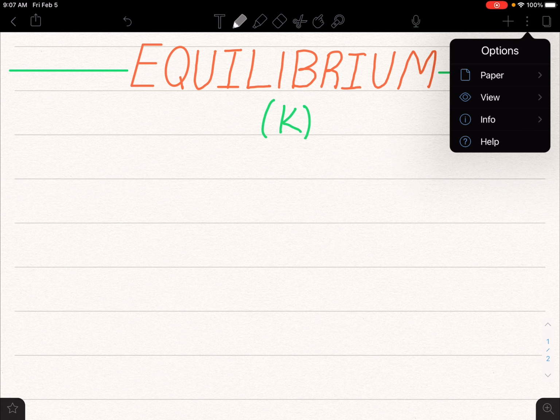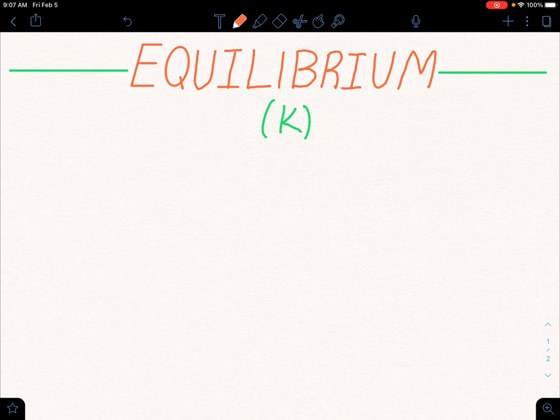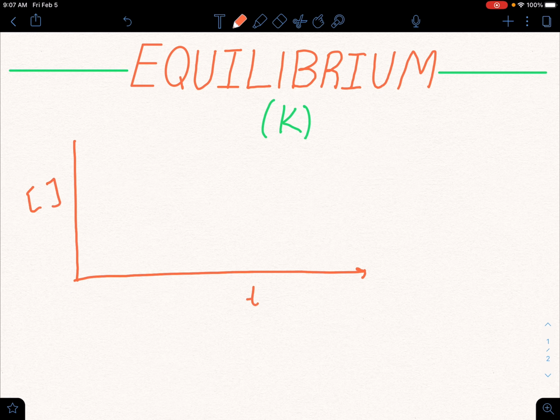So let me get rid of these lines. Perfect. Okay. If you recall, we did a diagram with concentration here and time here.